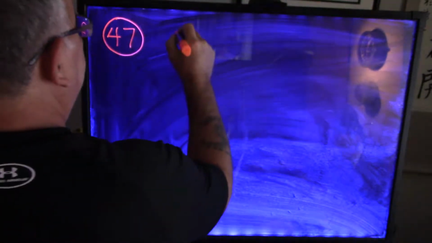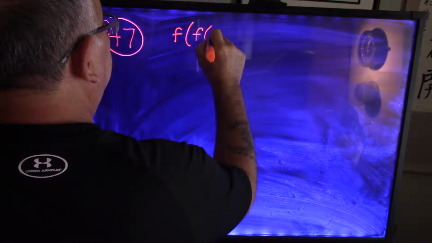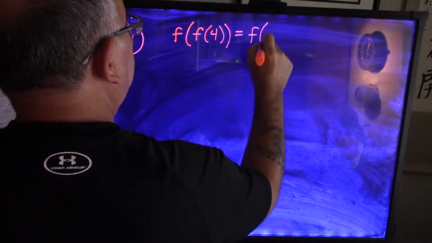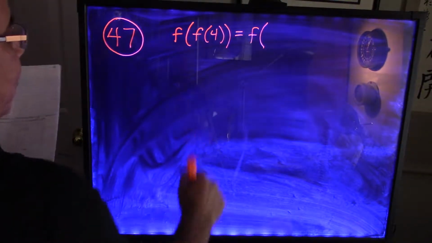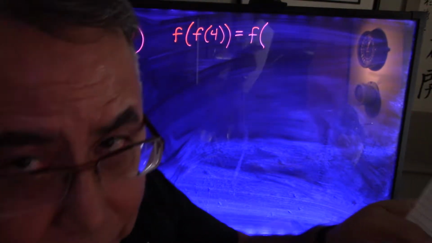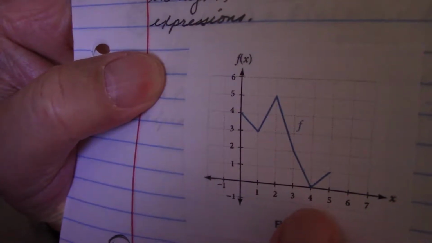Okay, number 47, we've got f of f of 4. So you do the innermost function there first, that's f of 4. What's f of 4? Look on the graph of f here, and there's x equals 4 right there.